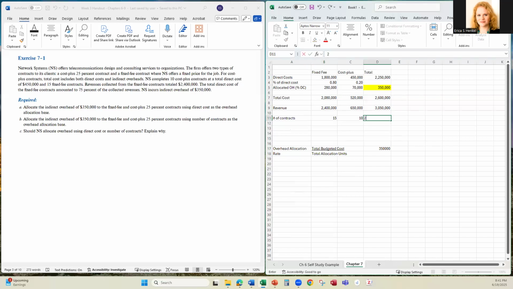So a total of 25 contracts. So then if we're going to take this $350,000, we're going to divide it by the 25 here, which is going to give us a rate of $14,000 per contract.